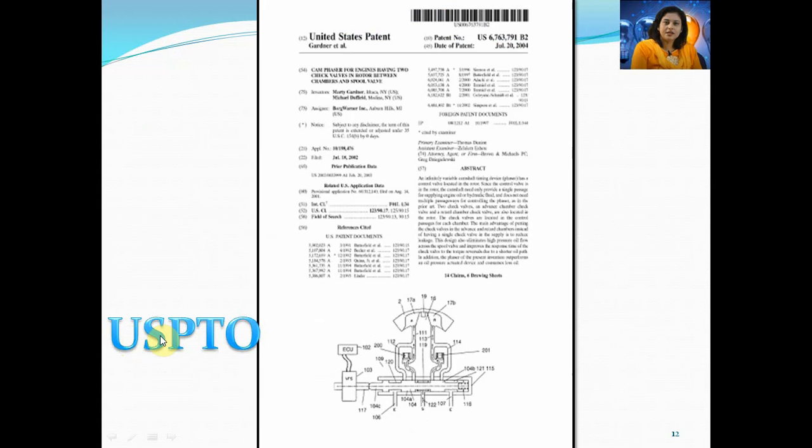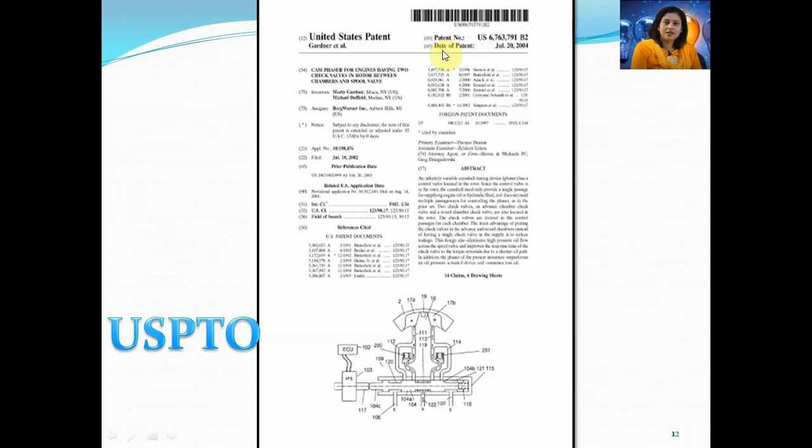Next comes USPTO, or the patent from United States. This picture shows a granted patent. So after you get the grant of a patent, you'll be getting a patent number, and before the grant of patent, you'll be getting the patent application number.